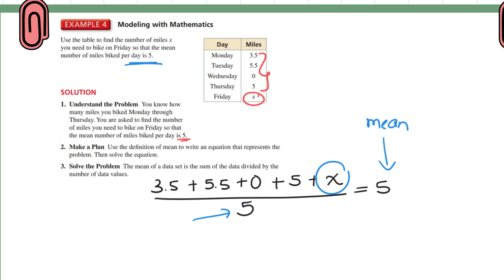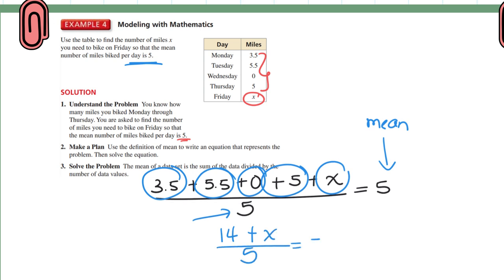Okay, so we're going to combine the like terms. In these terms, we have 3.5 plus 5.5 gives us 9. 9 plus 0 is 9. And 9 plus 5 gives us 14. We cannot add that x, so it's going to be 14 plus x divided by 5 equals 5, correct?